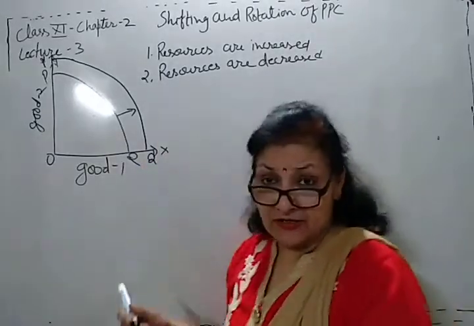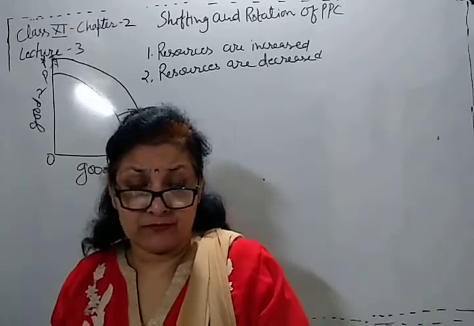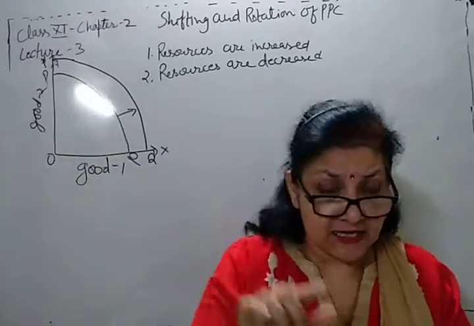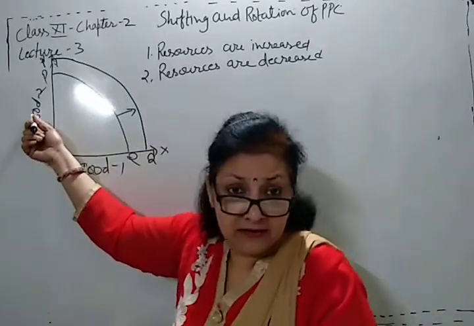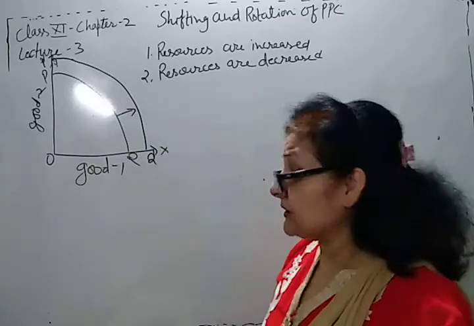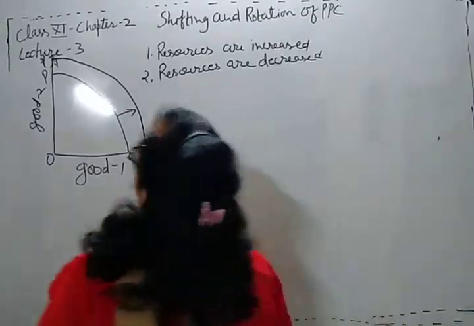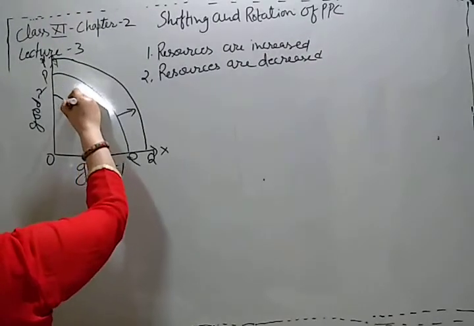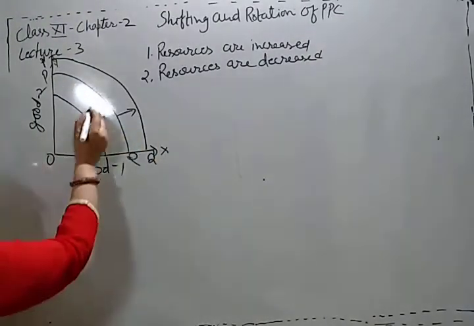Now the resources are less than before. अब रिसोर्सेज पहले से कम हो गए हैं, इसलिए दोनों ही गुड्स का प्रोडक्शन पहले से कम हो जाएगा. और जब पहले से कम हो जाएगा, it means PPC will shift from right to left.